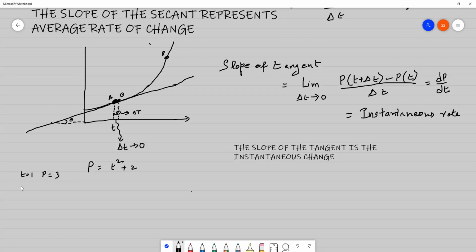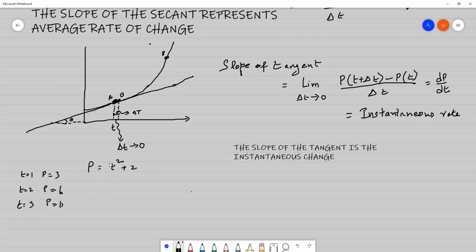When t is equal to 2, the price is 4 plus 2, 6. When t is equal to 3, the price is 9 plus 2, 11. So the price depends on the value of t. That is what you call the price as a function of time.